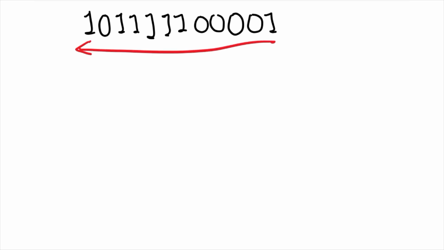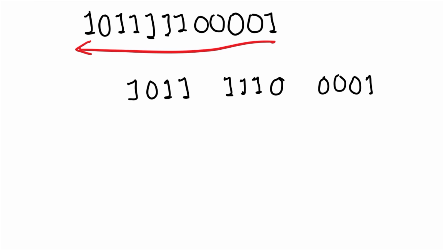What we're going to do first is split the binary number into groups of 4 bits. So we have 0, 0, 0, 1 as group 1, 1, 1, 1, 0 as group 2, and 1, 0, 1, 1 as group 3. So there are a total of 3 groups that can be made from this binary number.